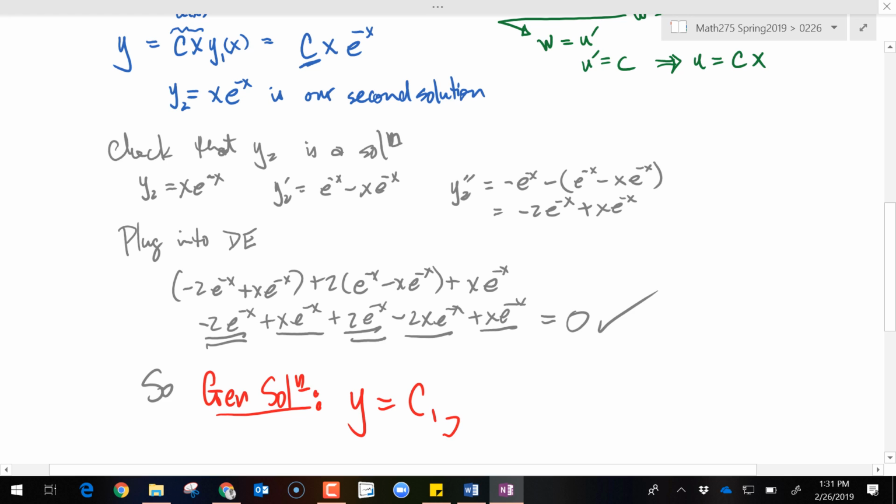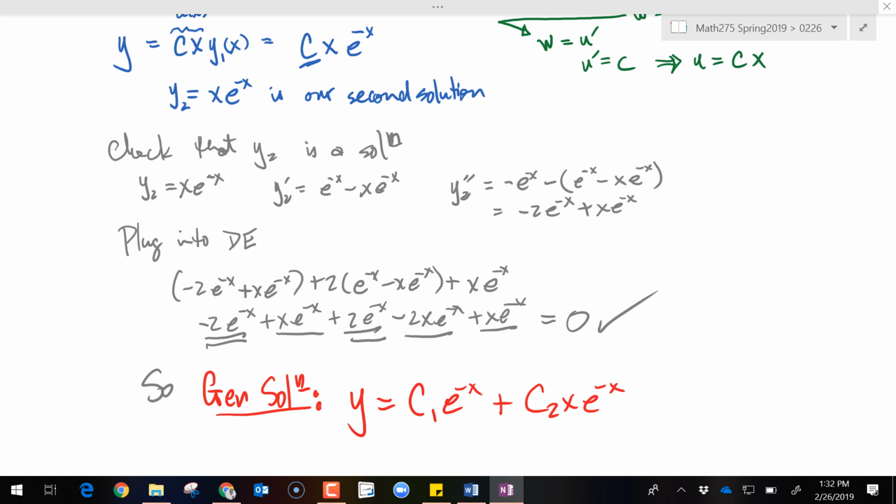Just e to the negative x, plus C2. And then what's our second solution? x e to the negative x. Okay? That's not so bad.